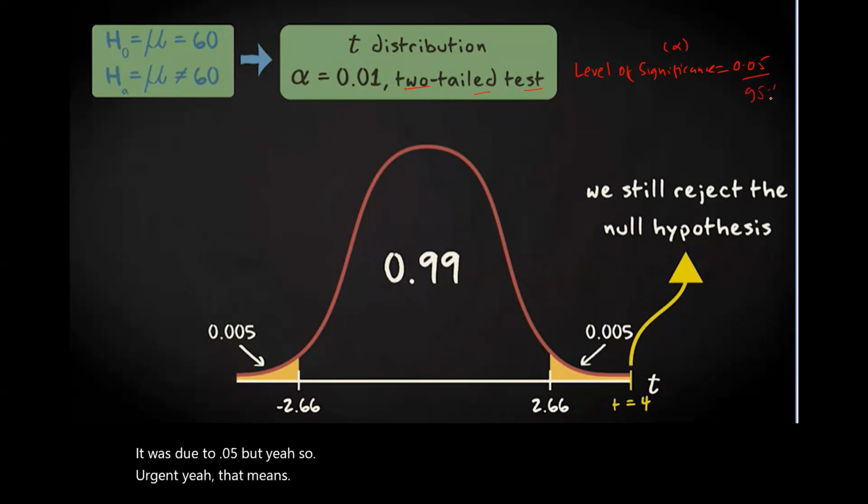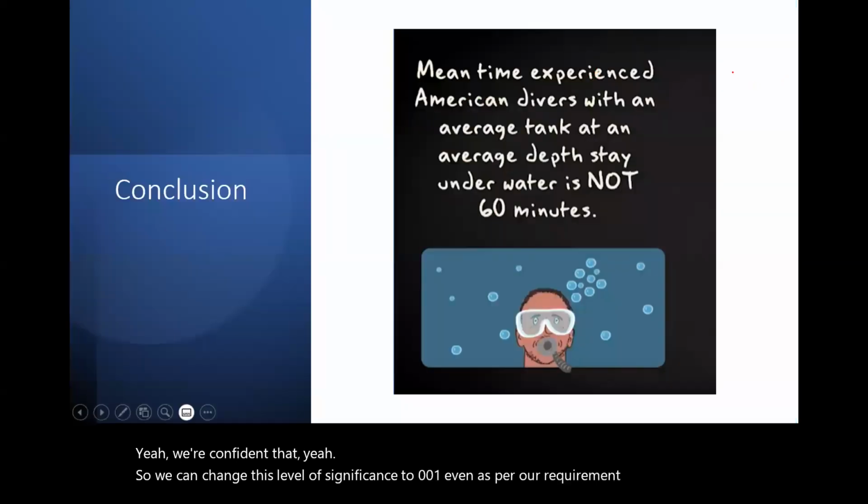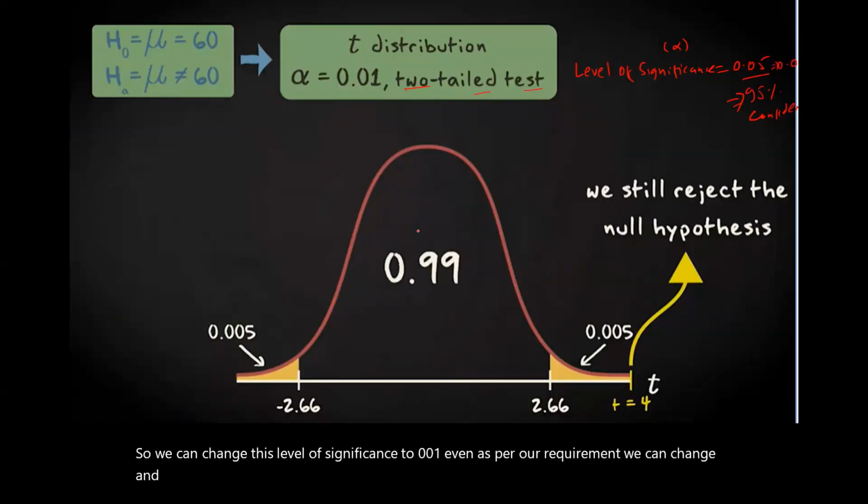That means 95% confidence in our decision, whatever the result is. We can also change this level of significance to 0.01. As per our requirement, we can change it and test the assumption.